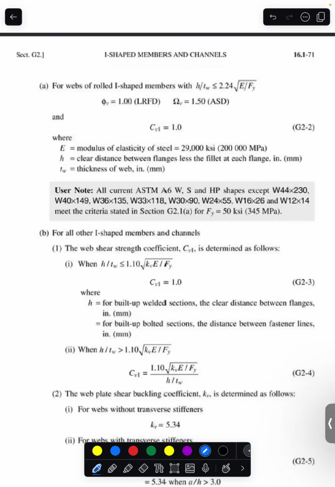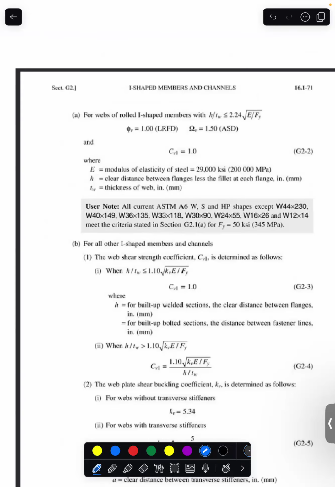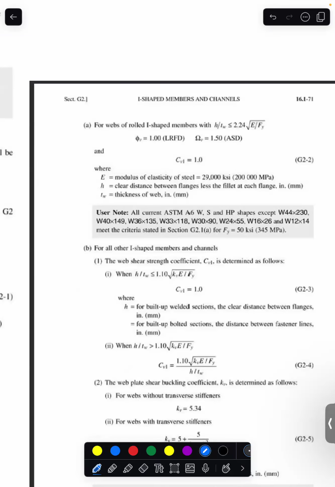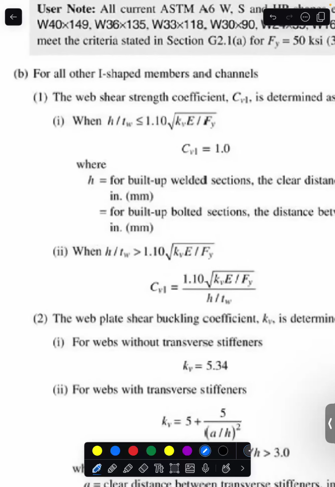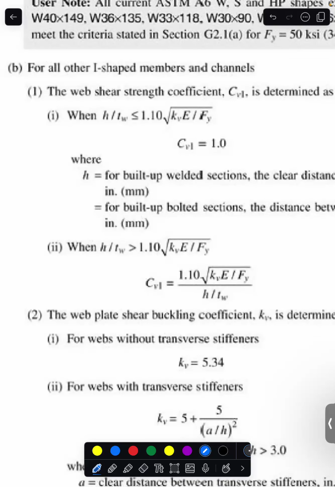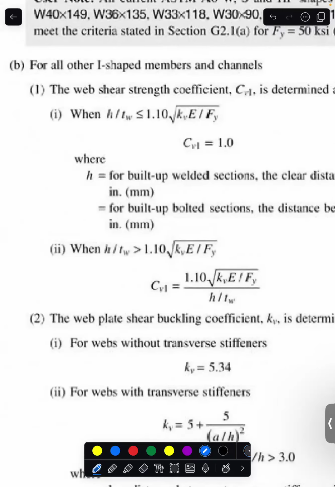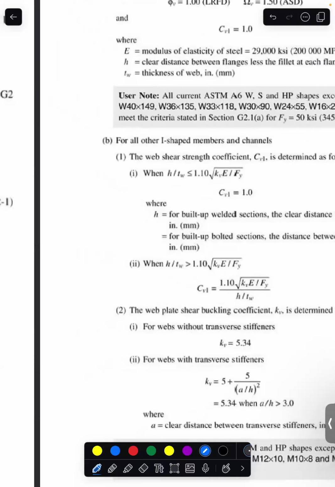Pero if na-exceed niya yon, na-exceed ito in particular, yung 1.1 times square root of K sub V E over F sub Y, kailangan natin i-compute yung C sub V1 natin.